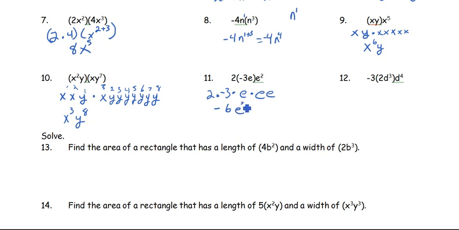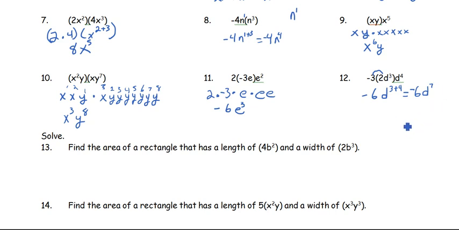There are 3, so your exponent is 3. Okay? We can do the same thing on 12. Negative 3 times 2 is negative 6. And then d to the 3rd times d to the 4th, we add the exponents. That equals negative 6 d to the 7th.